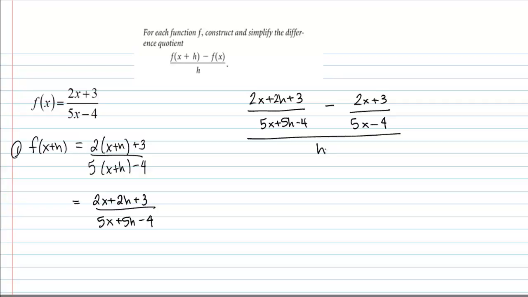The reason why I want to do that is because I want to construct a complex fraction, which is a fraction within another fraction. And then I want to multiply all terms by the LCD of 5x plus 5h minus 4 and 5x minus 4 to every single term.